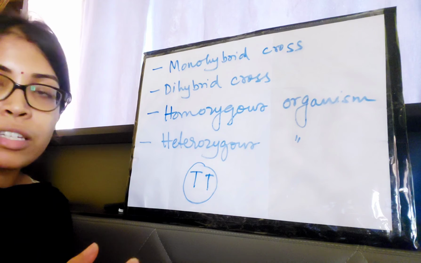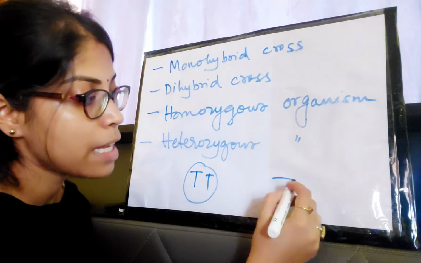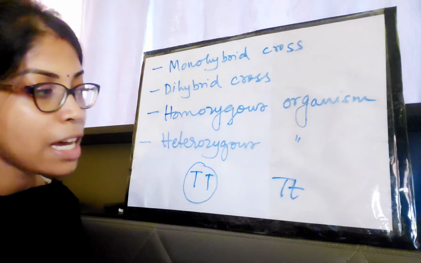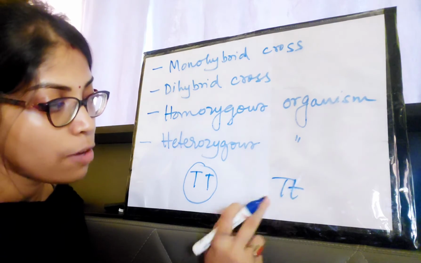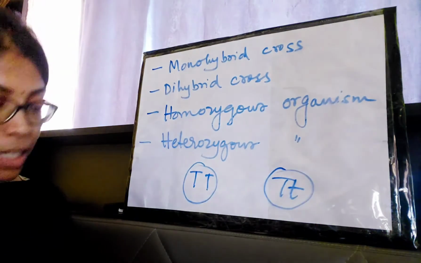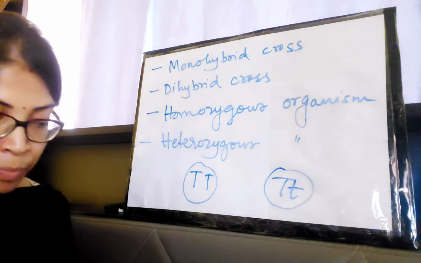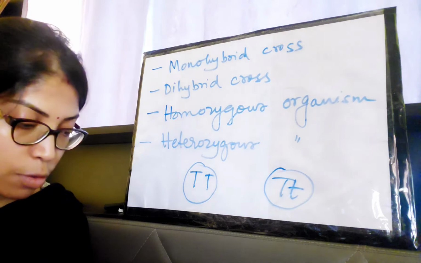So previously I talked to you about the hybrid tall pea plant, that means capital T and small t. Here not the same type of genes are present, one is for tallness and one is for dwarfness. So this will be considered as a heterozygous organism or a hybrid organism. Clear? So the definition of homozygous and heterozygous you will have to read from your book.